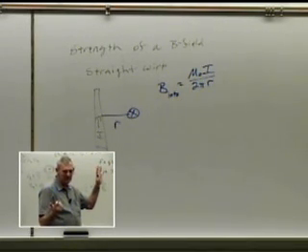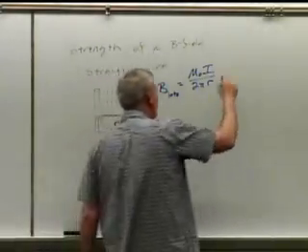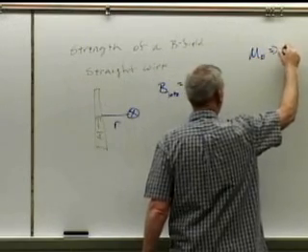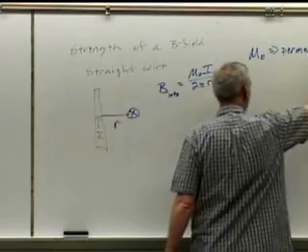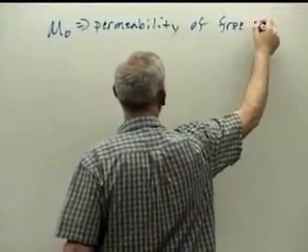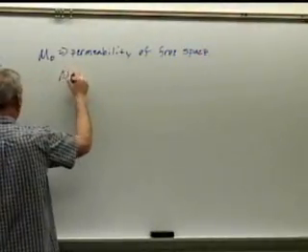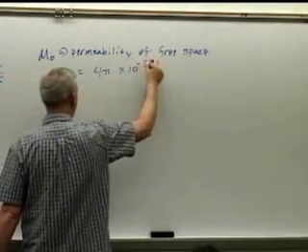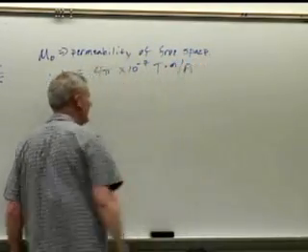Mu naught is called the permeability of free space, and it is equal to 4 pi times 10 to the negative 7 Tesla meters per amp.